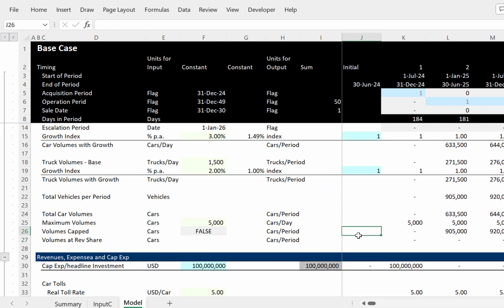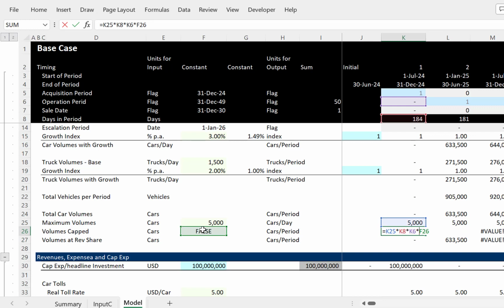And right now we have revenues that are capped. What happens if I multiply this by 0? Then they're all going to be capped. And of course, I need to press F4, and that didn't work. Okay, so let's not do that one.